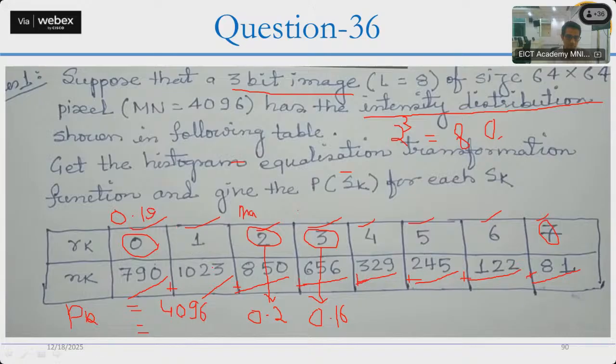What about 1023 upon 4096? This is a hands-on session where you are doing it. I don't want to make it a lecture, that's why I am asking you questions so that you can feel it.